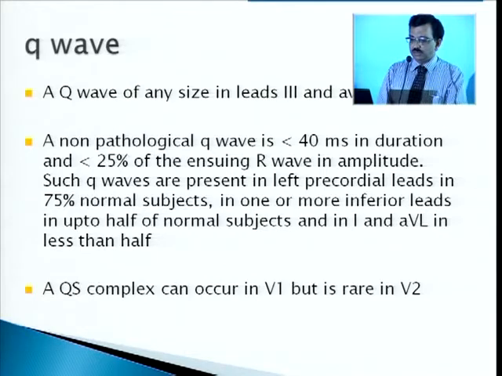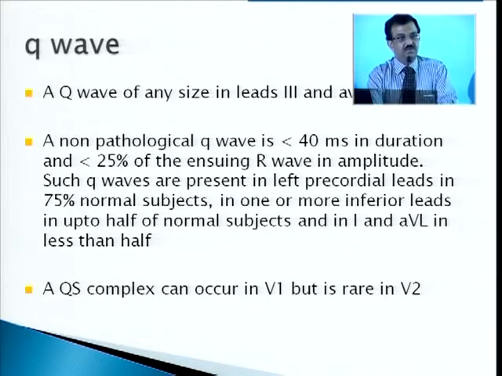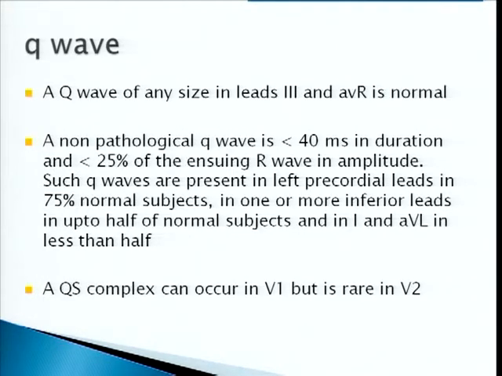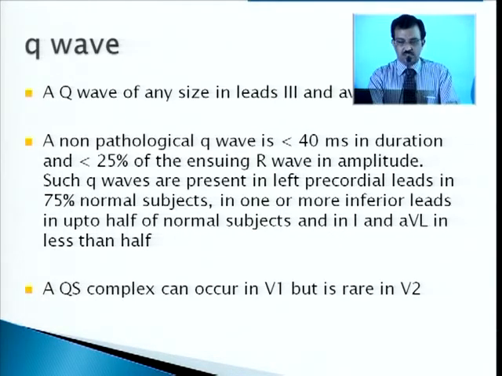Now a small Q wave of any size in leads III and aVR is normal. Even though sometimes we see a deep Q wave in lead III, we should not take it as pathological, because most of the time it is physiological. The same is true of aVR.